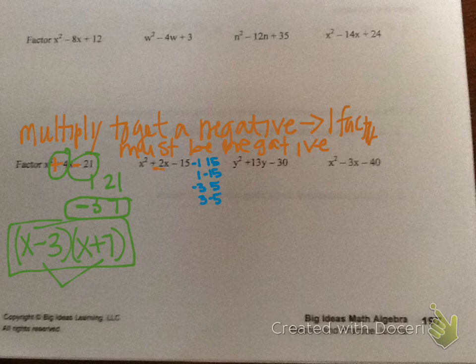So to get a positive 2, I would need my 5 and negative 3. So I get x minus 3, x plus 5. One thing that you can do, it's not incorrect, if you have x plus 5 and x minus 3, it's still correct no matter which way you have these, because we know that multiplication property can be in any order.